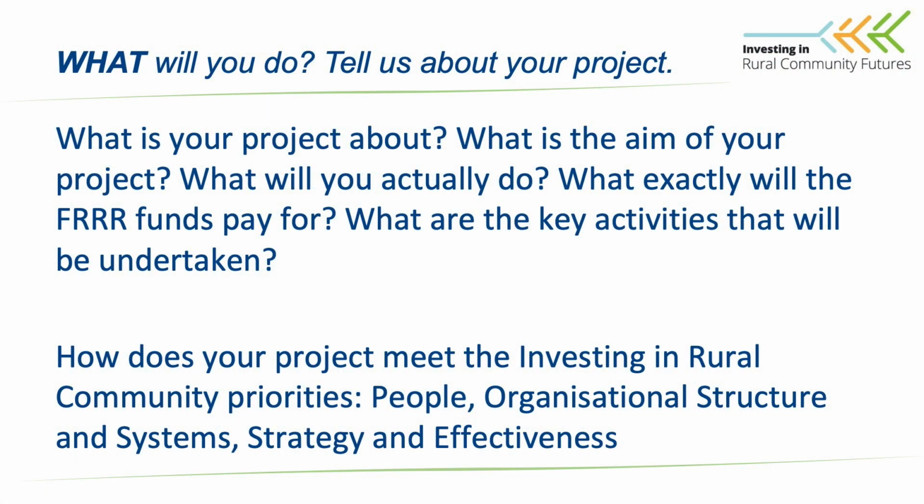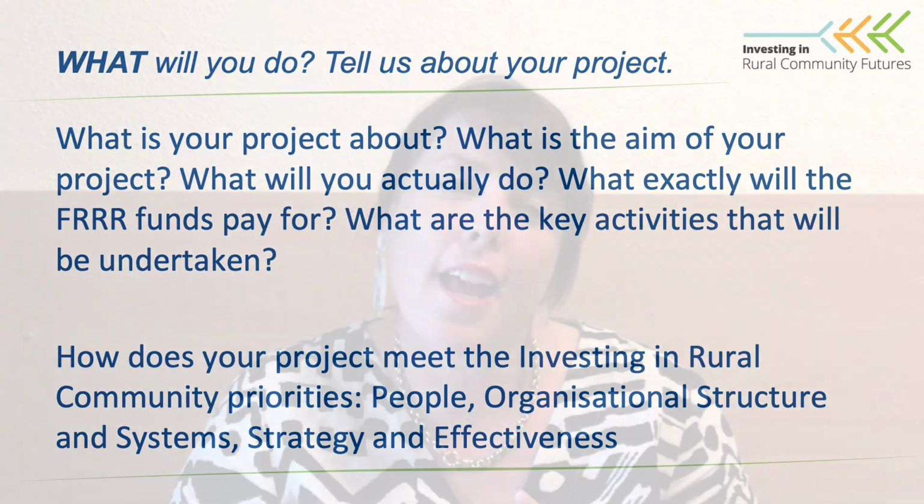With the question that asks what you will do, this question is all about relating your project back to our priorities. So looking at those 4 key priorities for the Investing in Rural Community Futures program: people, strategy, infrastructure and systems, effectiveness. What are you going to do in your project, and how is that going to address our priorities?